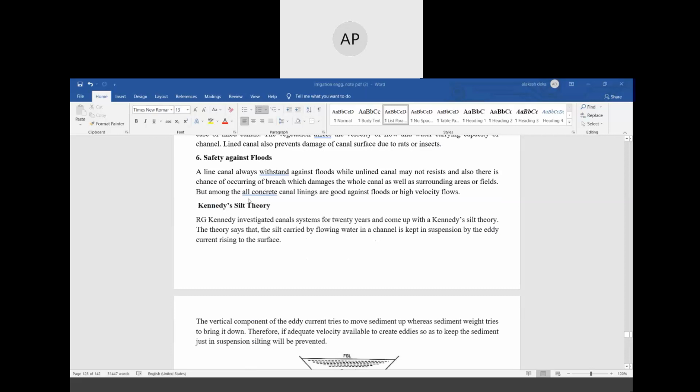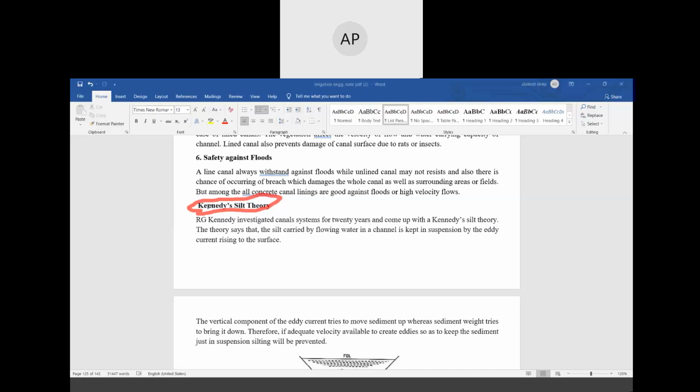Next, Kennedy's silt theory. This is again very, very important. R.G. Kennedy investigated canal systems for 20 years and came up with Kennedy's silt theory.